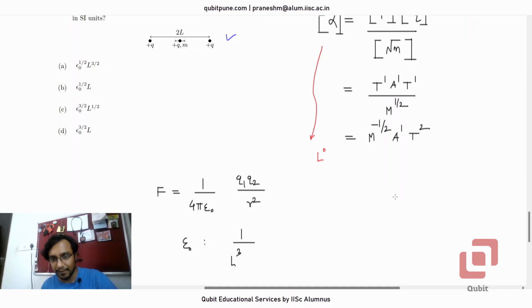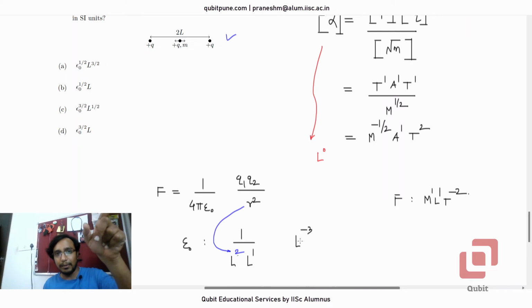And what about F? Dimensions of force are M1, L1, T negative 2. So when the force term goes to the denominator of the RHS, it gets 1 L term. Well, I'm sorry, this should be L squared, not L cube, because this is R squared. So epsilon naught has L's negative 3 power.